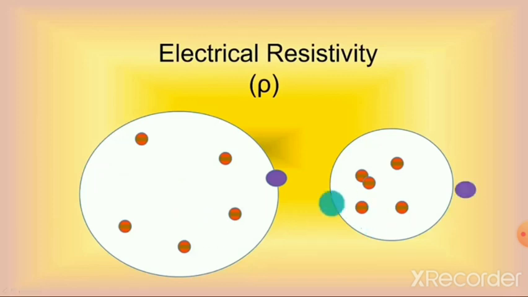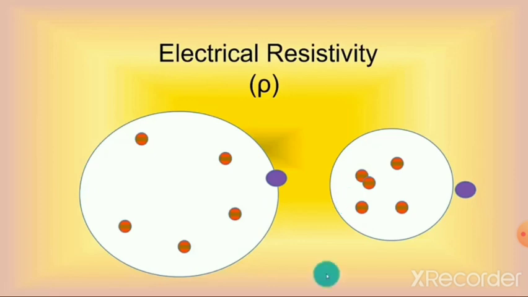The electron has to pass from one end to the other end with many collisions because the area is less, and hence if the area is larger, the resistance is less. If the area is lesser, the resistance is more, and hence resistance is inversely proportional to the cross-sectional area.